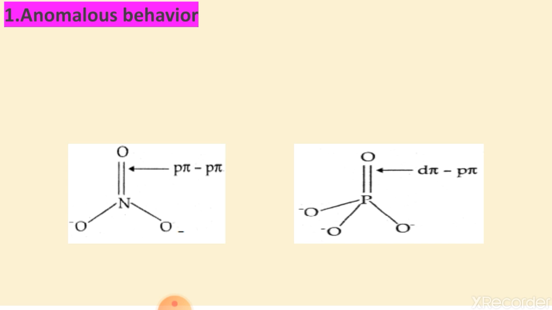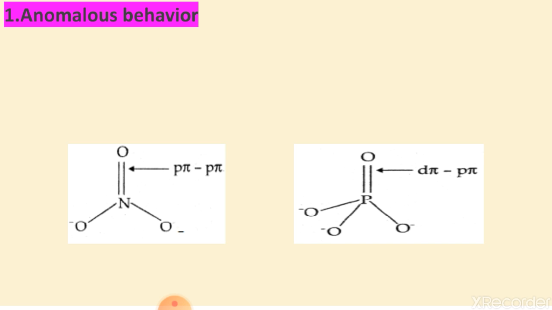So these are basically anomalous properties, that means the properties which differ from the rest of the members of the group by the first element.